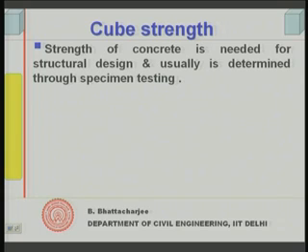You see, a structural engineer would need the strength of concrete for structural design purposes. Usually, one has to determine the strength through some specimen testing. For example, in steel, when we are trying to determine the tensile strength, we test the rod, particularly reinforcement bars used in concrete structures, for finding out the tensile strength.